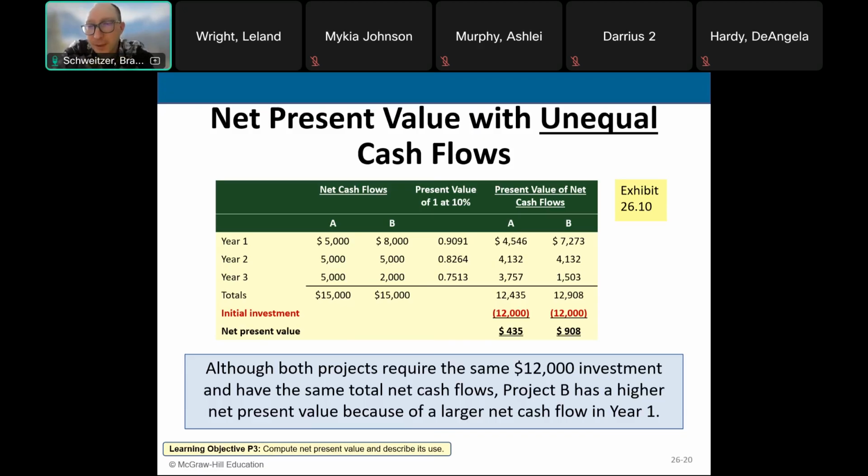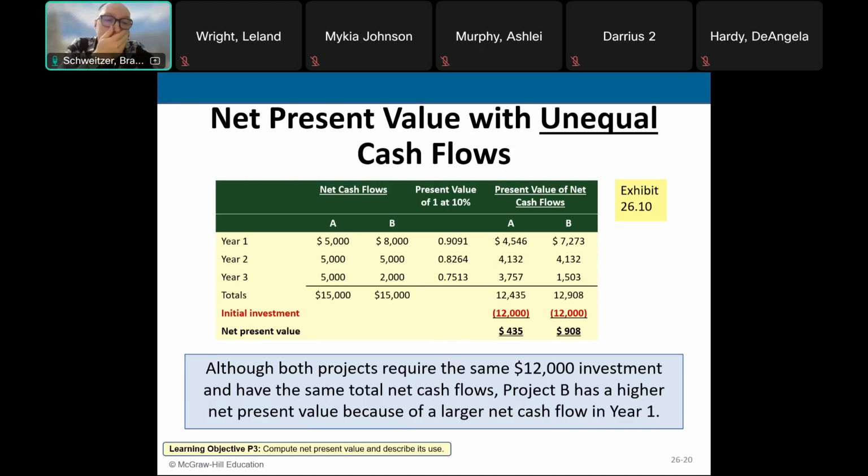Yeah, it gives us a more closely related picture than guessing when we're going to get paid back, or getting an exact payback period, or the accounting rate of return. That's good, but that's obviously just an estimate. This is a little bit more exact. So the answer is yes. This would be a lot more accurate.